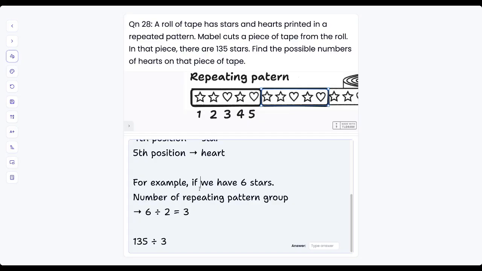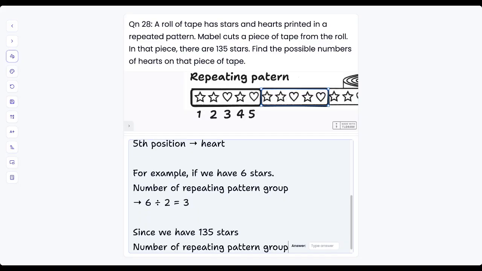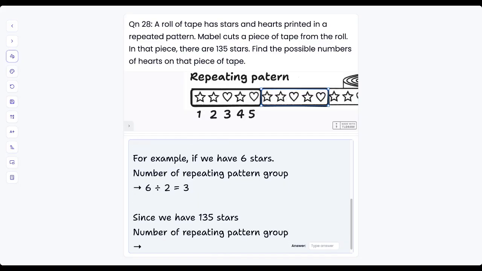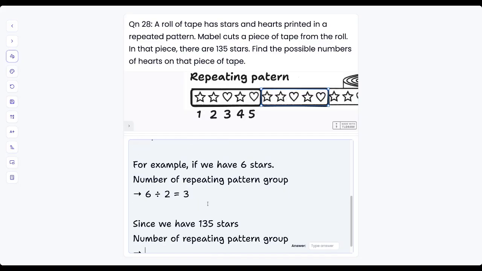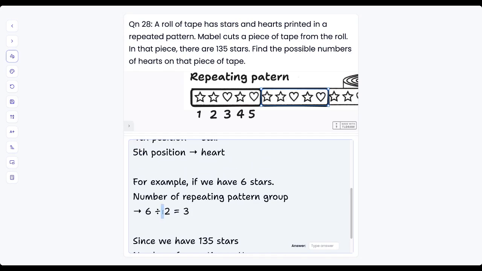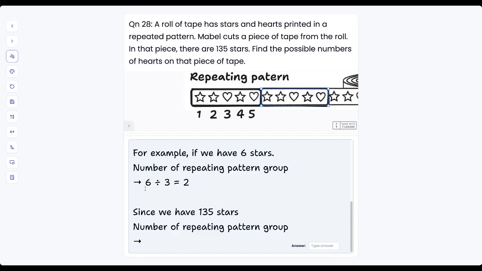Pretty straightforward. So now, since we have 135 stars, the number of repeating pattern groups is equal to 6 stars divided by, oh sorry, 6 stars divided by 3. Okay, only 2 when you put hearts. Anyway, since we have 135 stars, we divide by 3.